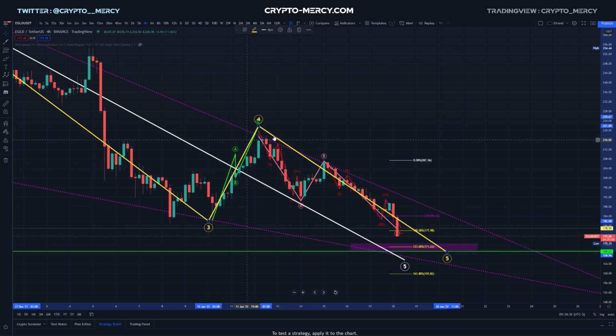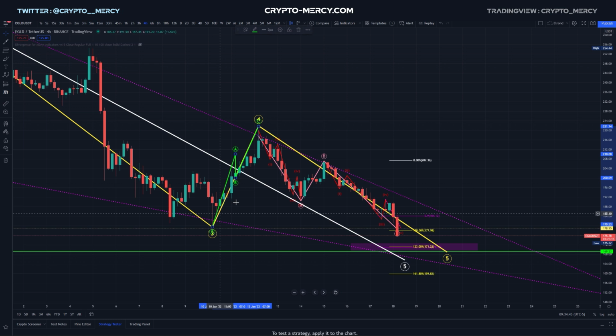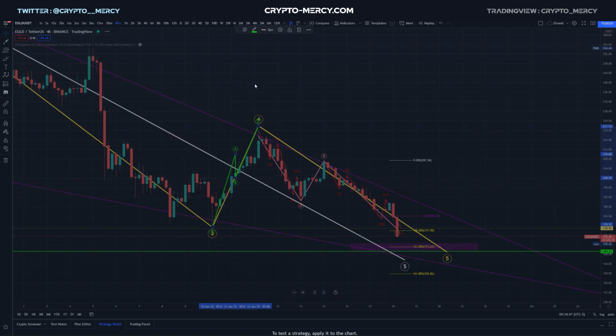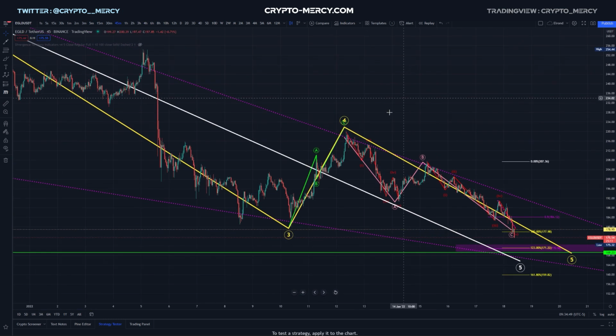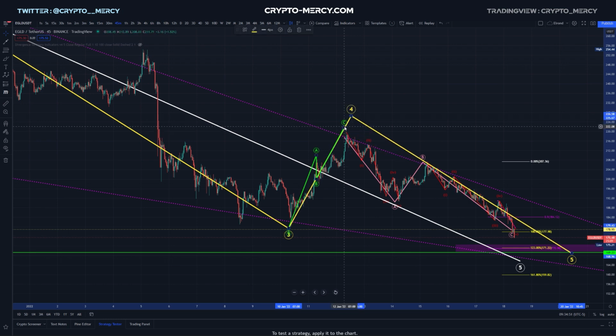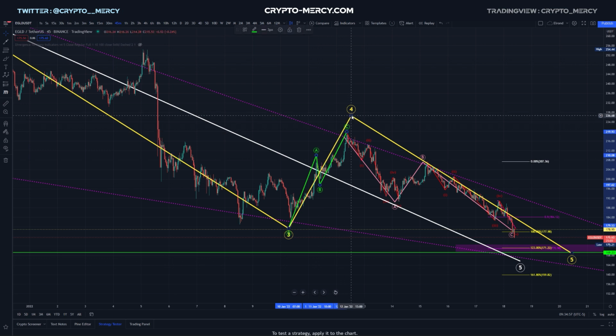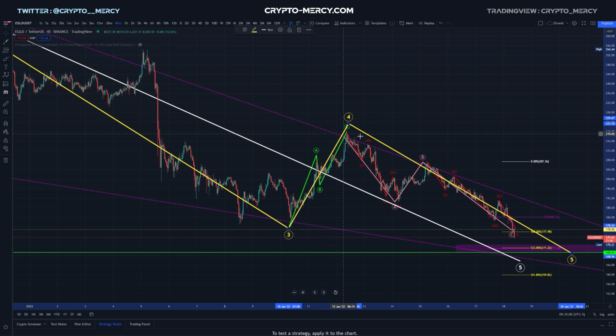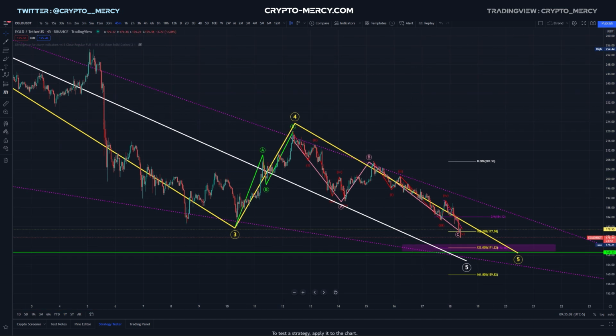Now, this can be a flat ABC too, because inside a flat ABC, what you get is an ABC inside your A wave. And we had an ABC right here in my subcount, and that's why it also can be a flat ABC that we are seeing right here.